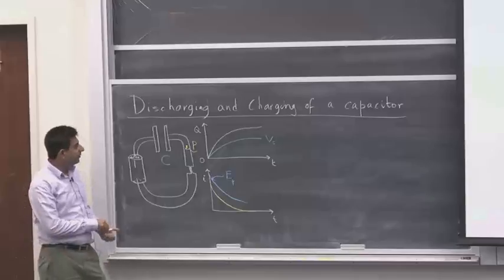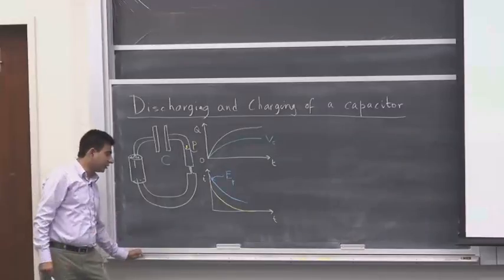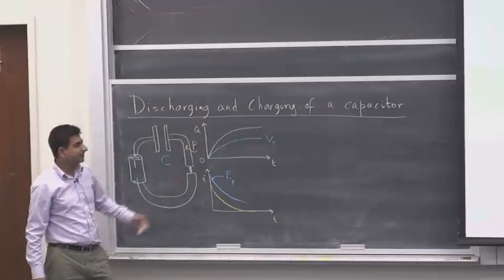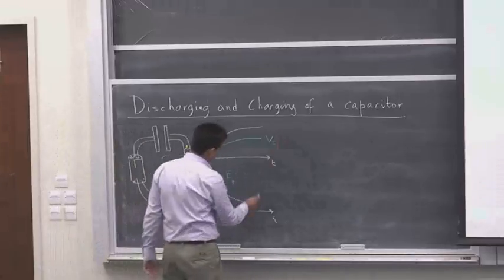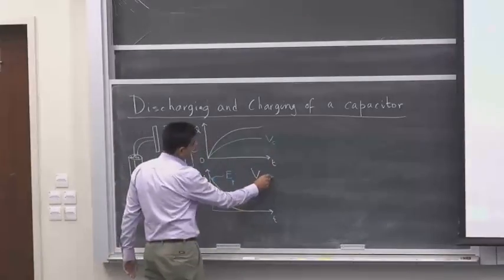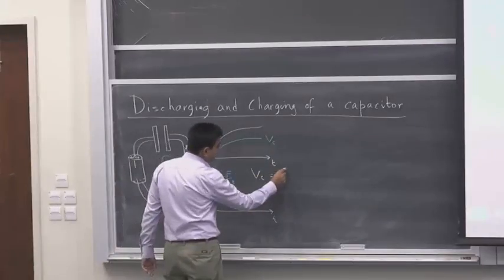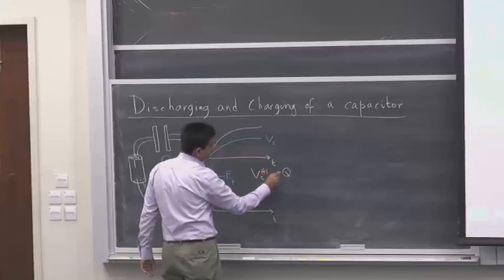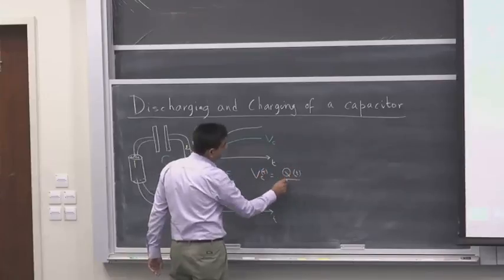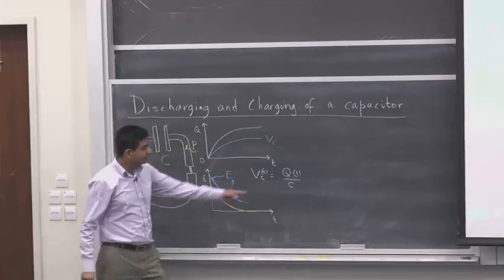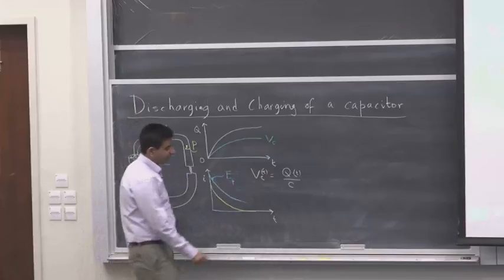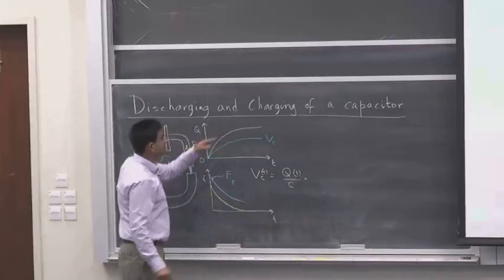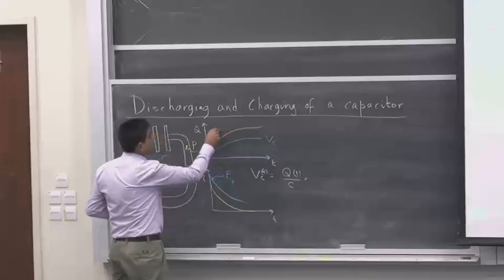And then we came up with expressions for the voltage and the currents. The voltage, for example, across a capacitor in such a circuit is given by the charge that is built up on this capacitor divided by C. And this charge asymptotes to some value.